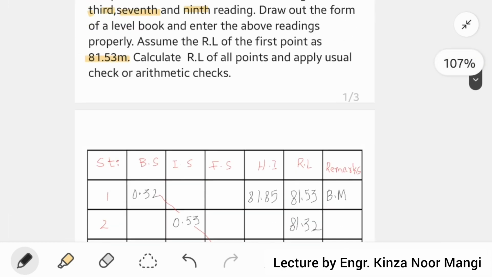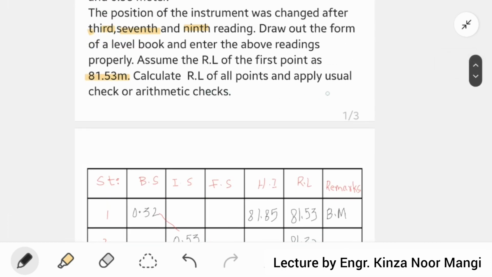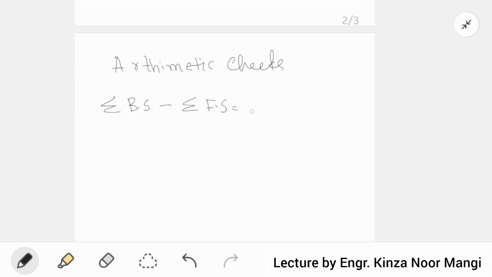Now the next task is that we have to apply the usual checks or arithmetic checks. For that, the formula is: for arithmetic checks, the sum of the backside minus the sum of the foreside should be equal to the last reduced level minus the first reduced level.